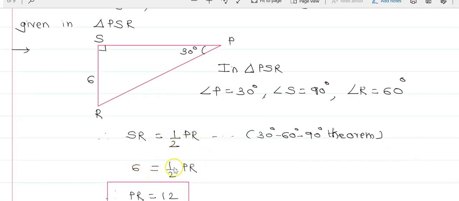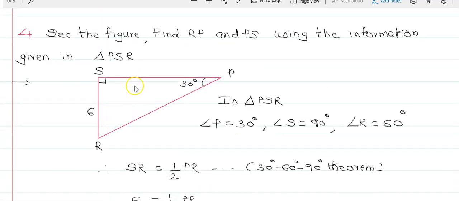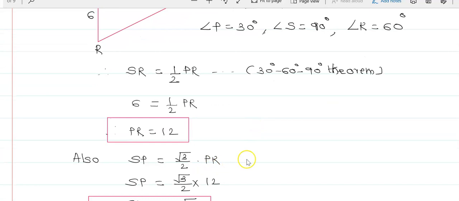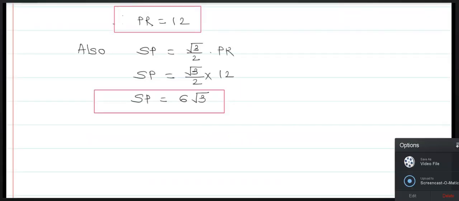Therefore, 6 is equal to half of PR, as the side opposite to angle 30 is half of the hypotenuse. Therefore, PR is 12. SP, that is the side opposite to angle 60, is root 3 upon 2 PR. Therefore, SP is equal to 6 root 3, and we have these two values. Now, the next problem.